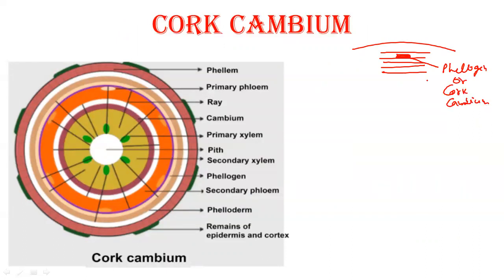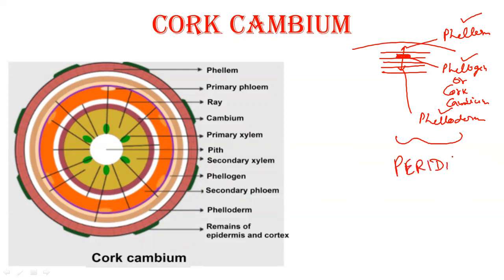This cork cambium is meristematic, so it produces cells both outside and inside. Inside it produces phelloderm and outside it produces phellum. This phellum, phellogen and phelloderm together are called periderm.